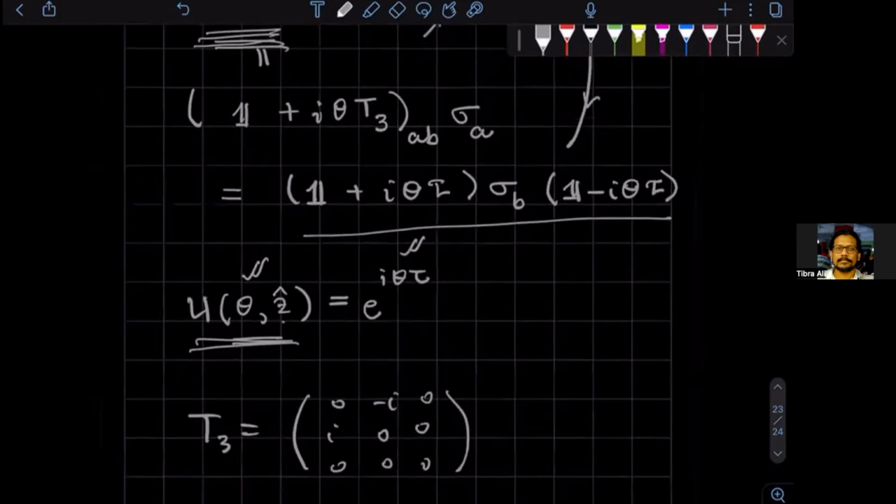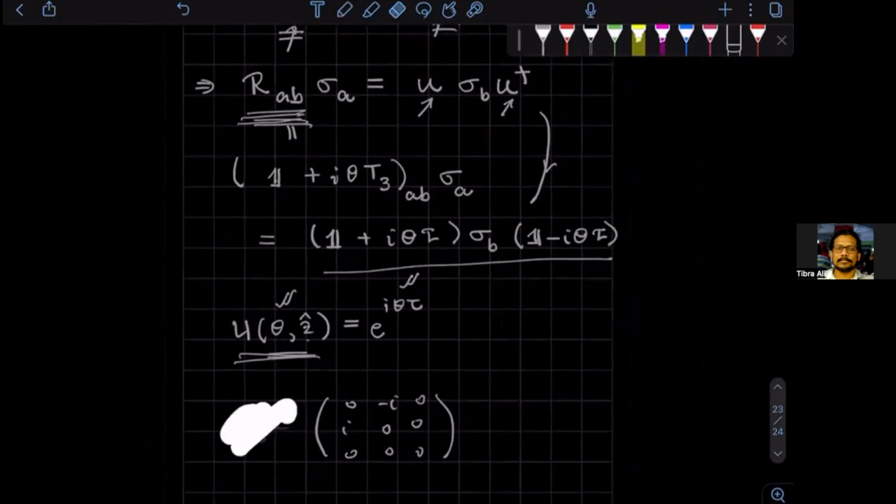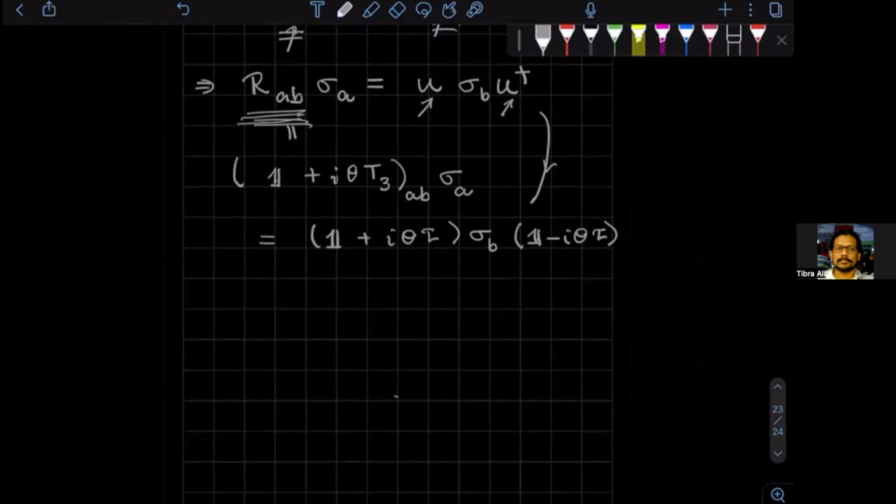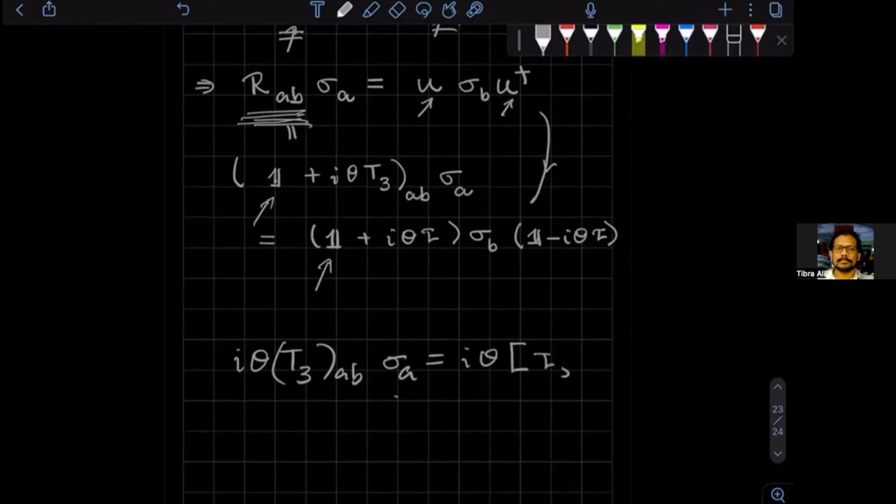So now if I expand this, I'm just going to erase this. If I expand this, what will happen is that the first identity will cancel out from both sides. On the left side, I'll have i theta T3 AB sigma A. On the right-hand side, I will have i theta, the commutator of tau and sigma B. Okay. And then we can also get rid of these guys.